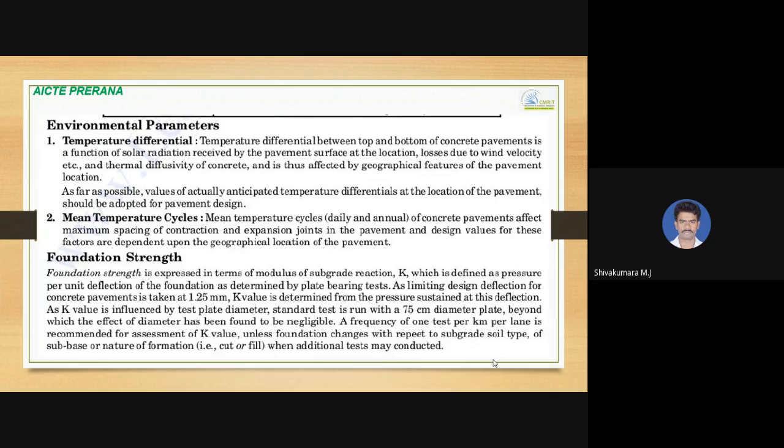A frequency of one test per kilometer per lane is recommended for the assessment of K value, unless the foundation changes with respect to subgrade soil type, subbase, or nature of foundation.